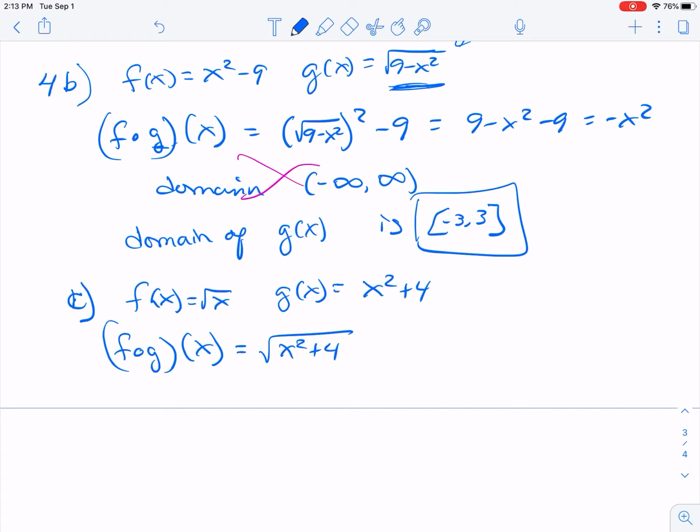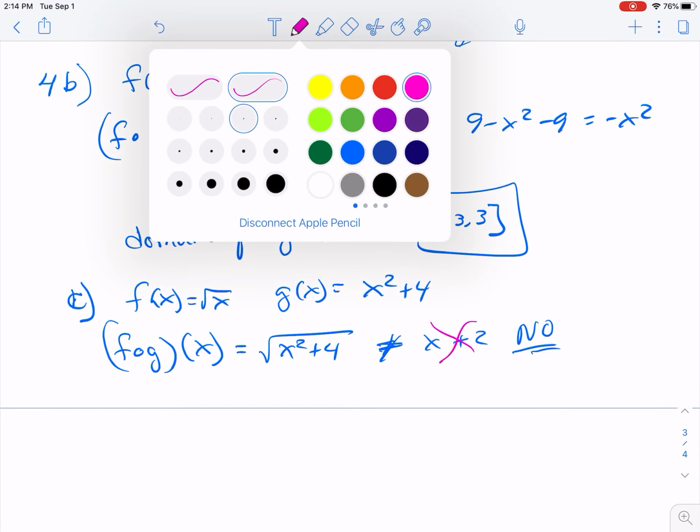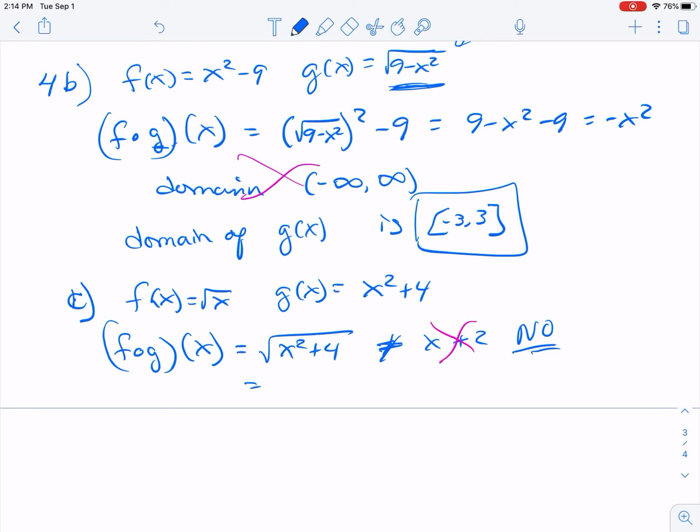That is not the same. What's the domain of that? That's all reals. I can put any value in there, and you're going to end up with a positive number, and it'll work. And because this is all reals, and that's all reals, that's your answer.